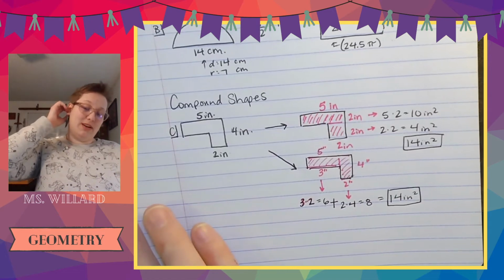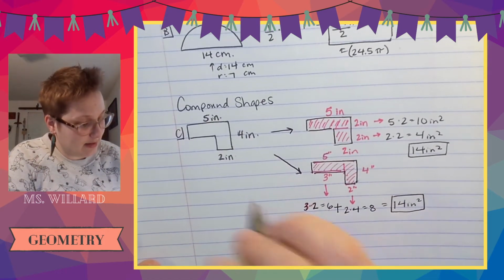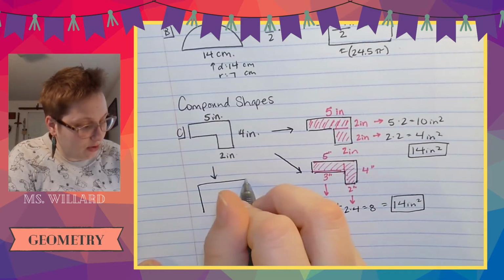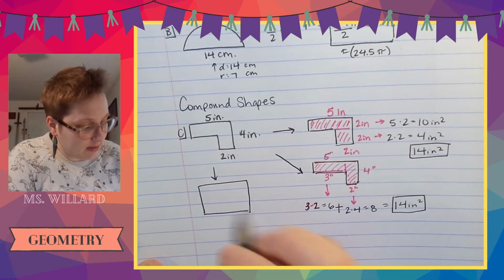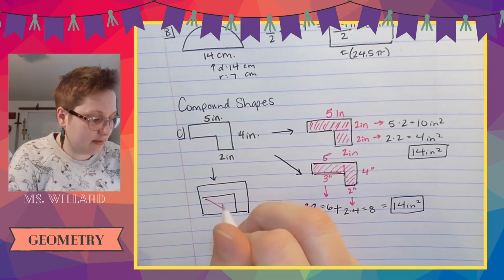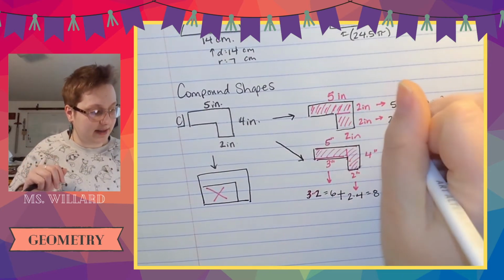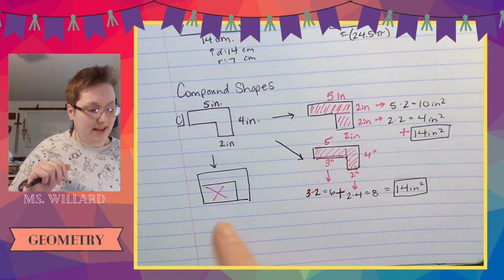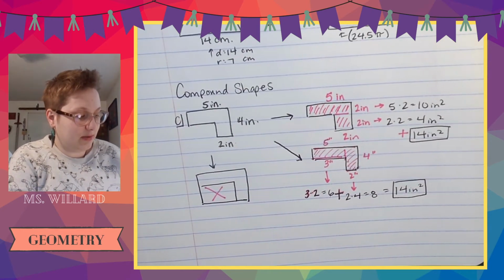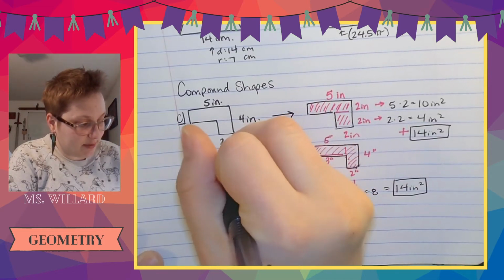Now, there is one other way to think about this, as a subtraction of shapes. The other way to think about this would be that I have a whole rectangle and I've removed a section of it down here. In both of the other cases, I've added my 2 parts together. In this case, I'm actually going to subtract this section. So I take the whole shape, which is a 5 by 4.